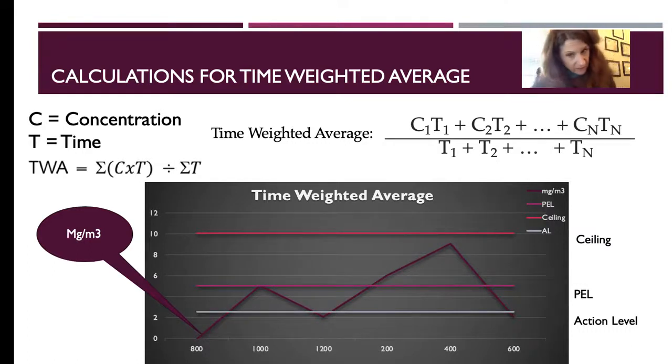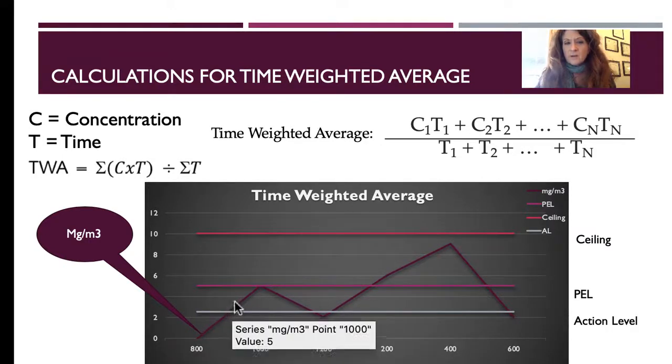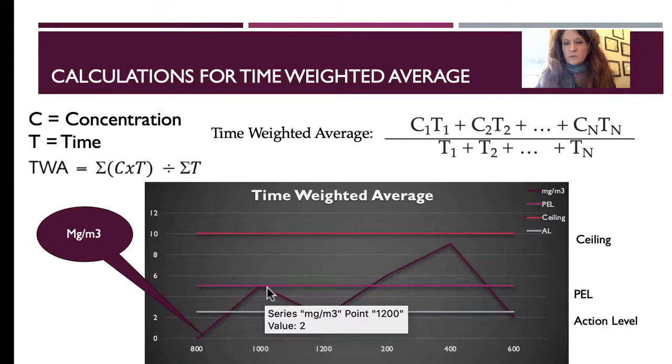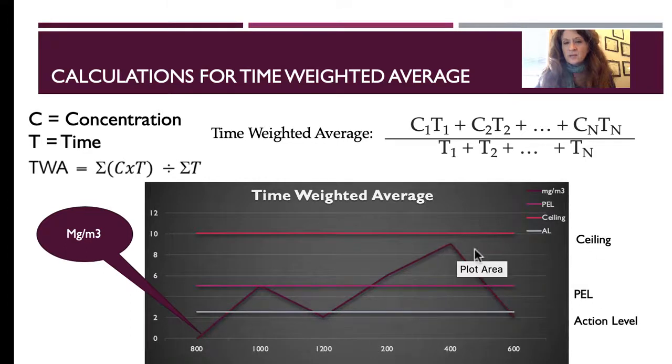And so this is a graphical representation. You can see that if here is your permissible exposure limit, and this is your action limit, people were up to the permissible exposure limit and then up above the action limit and down below, and then they almost reached a ceiling at some point, and then they fell back down below.